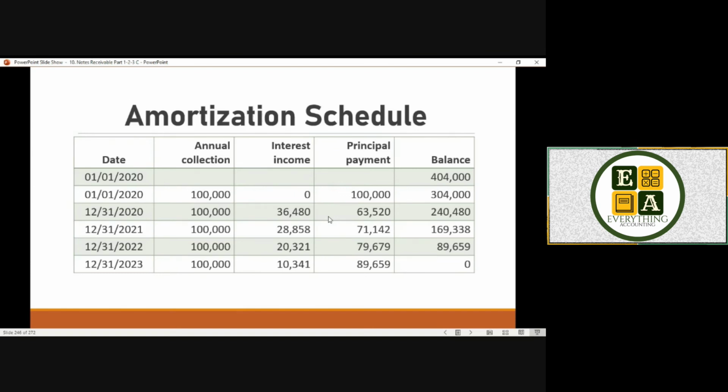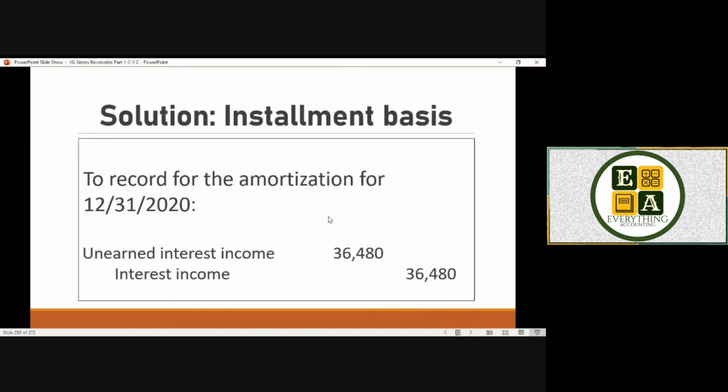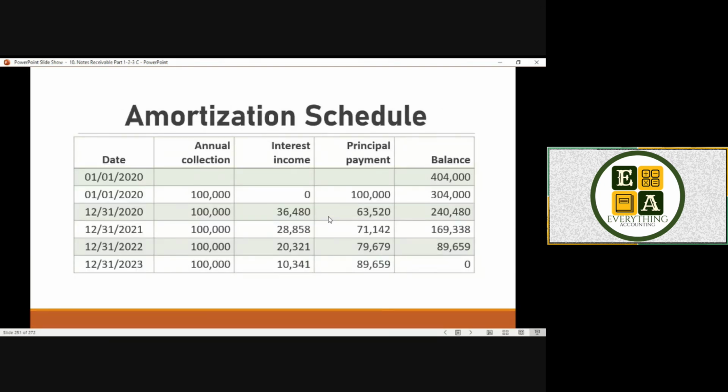But for December 31, 2020, we're going to compute now for interest. So we're going to recognize interest income at the end of 2020. So annual collection, December 31, 2020, that will be a debit to cash and credit to notes receivable, 100,000. Then the amortization, unearned interest income debit and interest income credit, 36,480, on the basis of the amortization schedule.